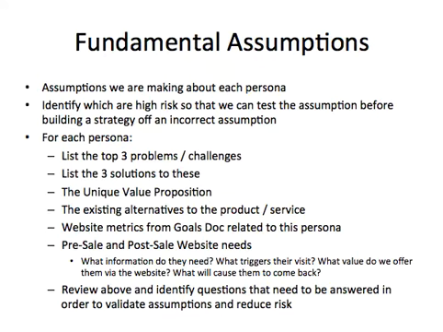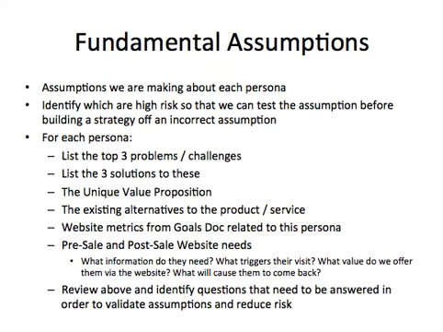So for each persona, list the top 3 problems or challenges, then list the solutions to those challenges, then what is the unique value proposition for this particular persona, what are the alternative products or services that this persona could use as opposed to the product or service that you are going to market, then indicate the website metrics that will come directly from your goals document, and then look at what your persona's pre-sale and post-sale website needs are.